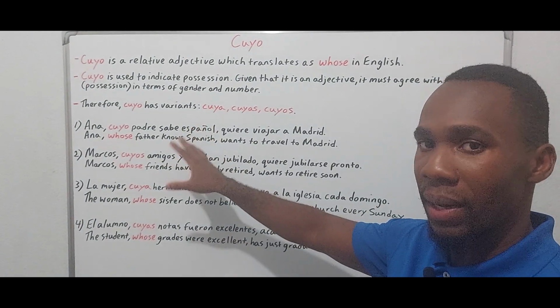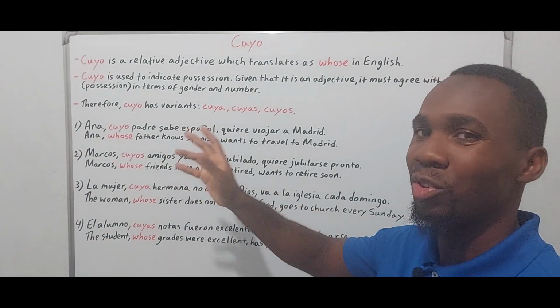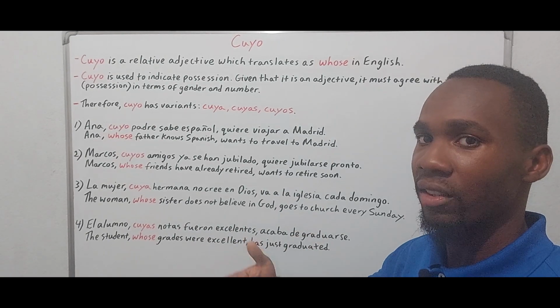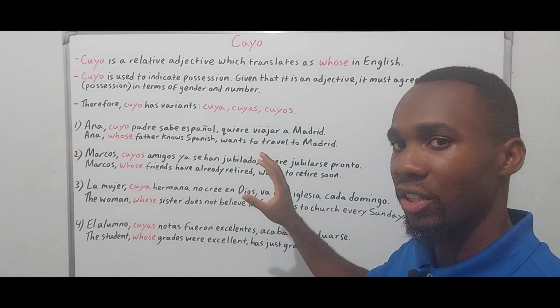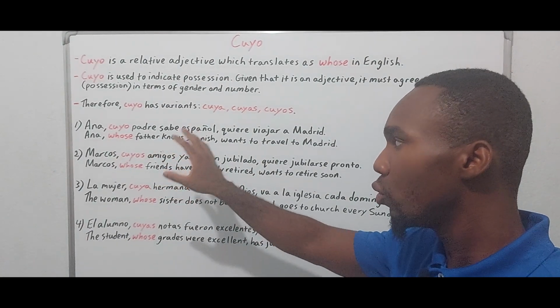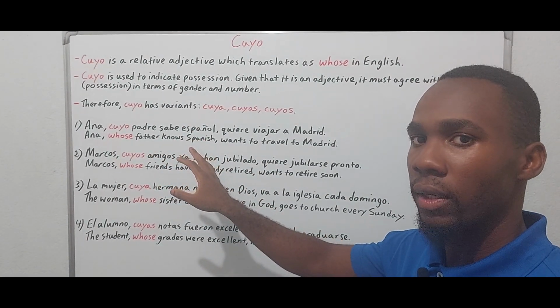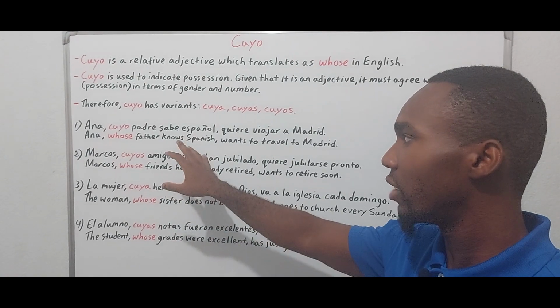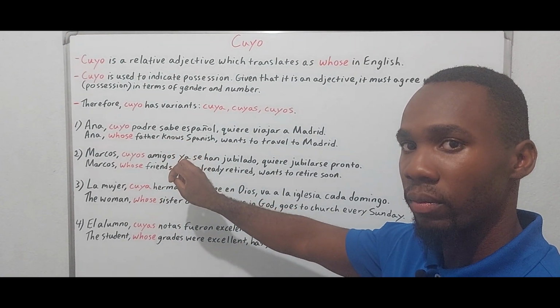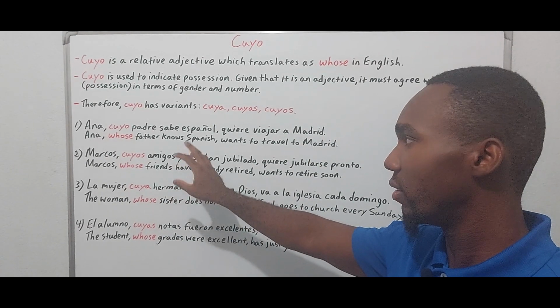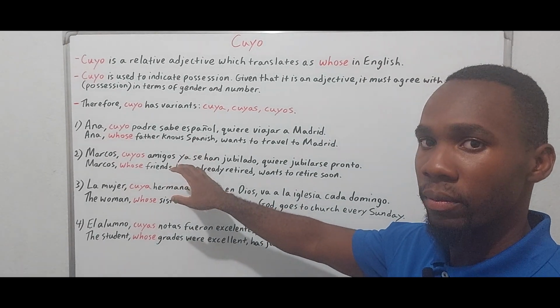So the father belongs to Ana. So we're talking about Ana's father now. And we're using that as additional information. Cuyo padre, whose father? Right? Because padre is masculine and singular, we use cuyo. Right? Given that it is masculine and singular, we use cuyo.